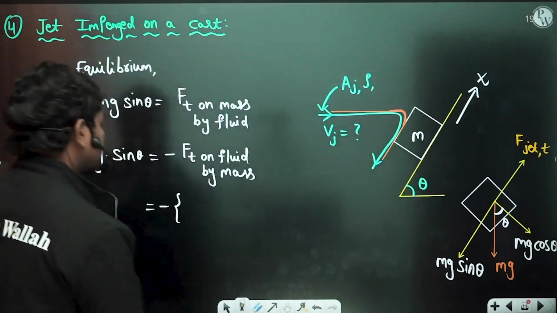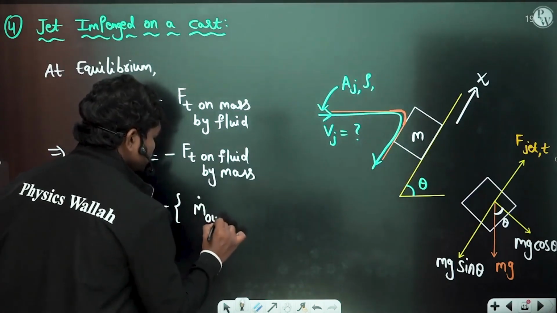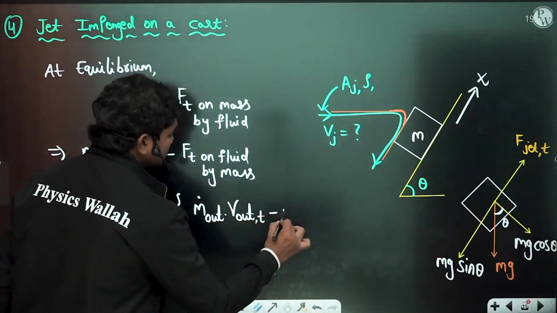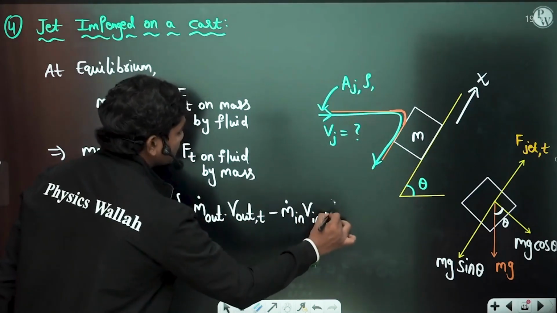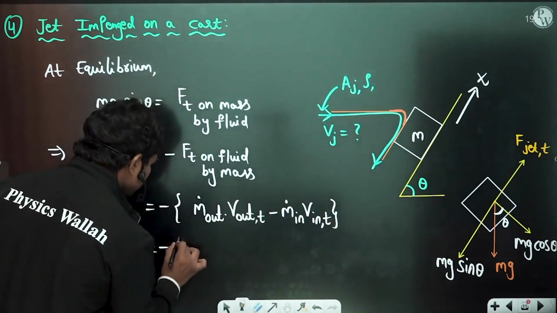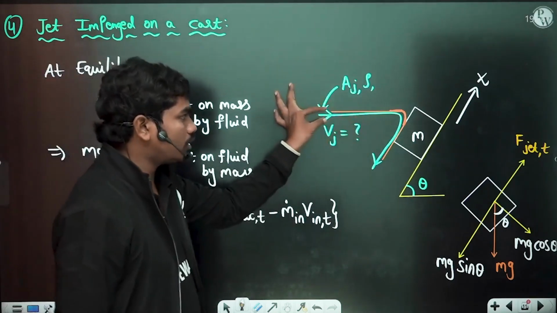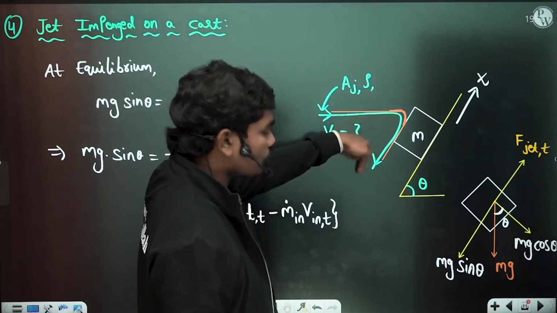So let us see, minus m dot out V out in the tangential direction minus m dot in V in the tangential direction. Okay, so let us simplify. Minus of m dot is the same, because if you take this as the control volume, then whatever fluid is entering, the same amount of fluid is coming out.